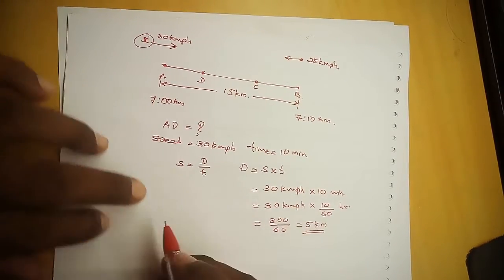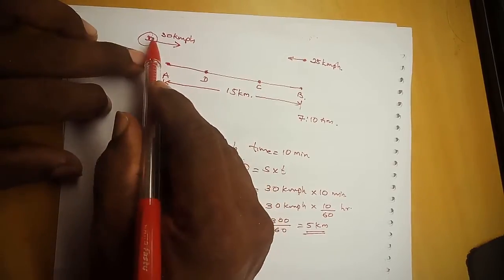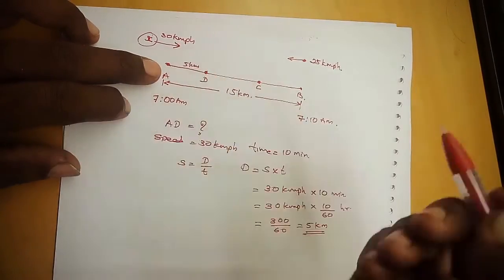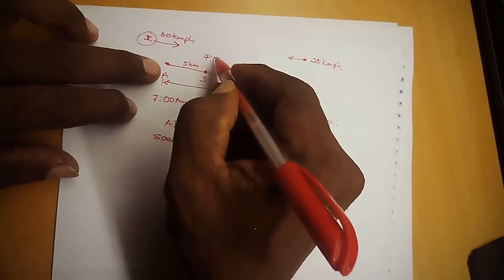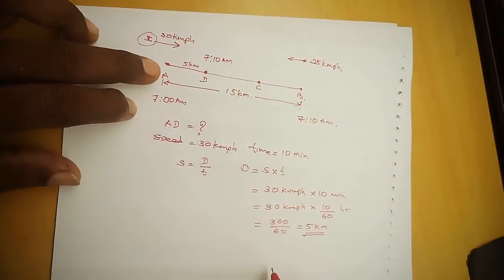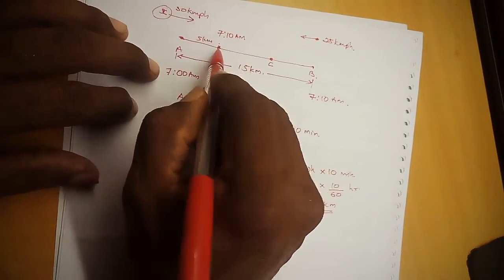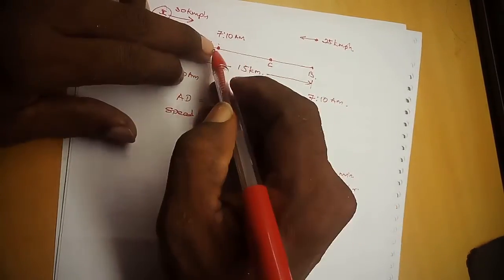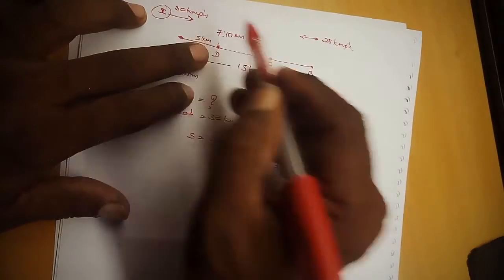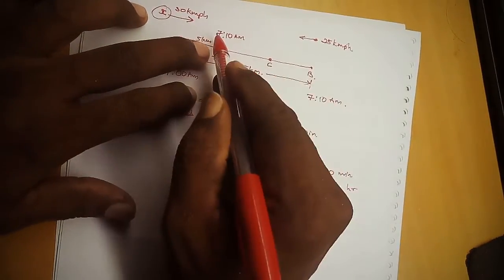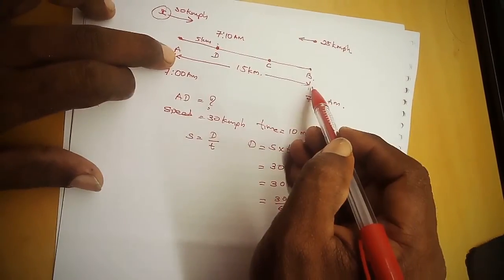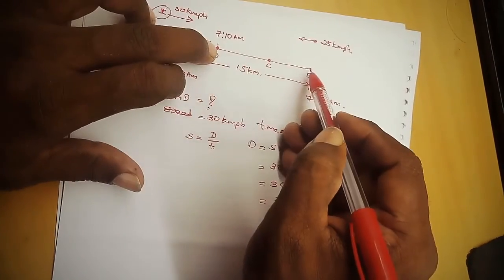So within 10 minutes this X will travel a distance of 5 kilometer and he will reach there at 7:10 a.m. So now X is here at 7:10 a.m. and Y is here. From here this man is going to start at 30 km/h and this man at 25 km/h, and both have to cover a distance of 10 km. Total 15 km, 5 km already covered, so the rest is 10 km.